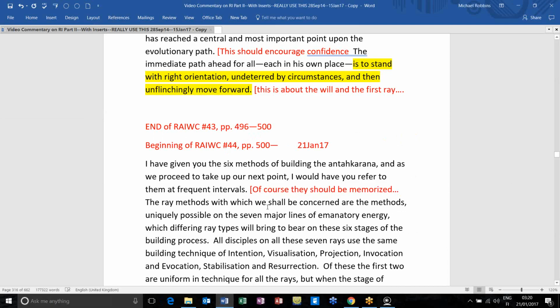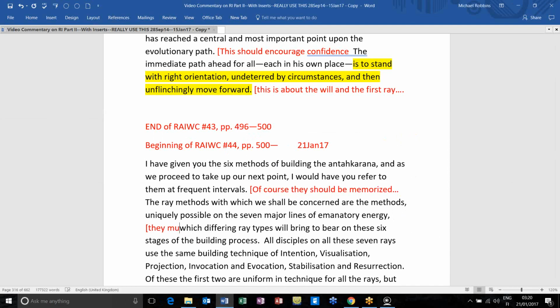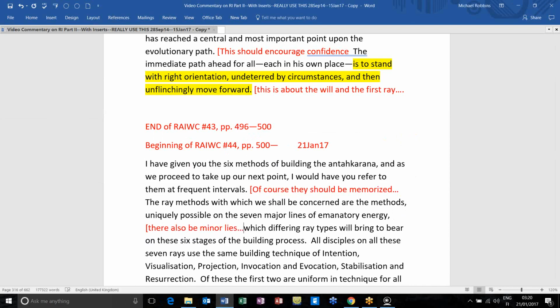The ray methods with which we shall be concerned are the methods uniquely possible on the 7 major lines of emanatory energy. I guess there are other lines, you know. There must also be minor lines, I suppose. But anyway, uniquely possible on the 7 major lines of emanatory energy, which differing ray types will bring to bear on the 6 stages of the building process.